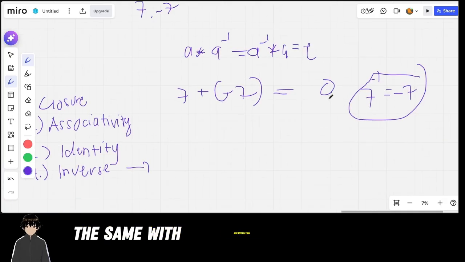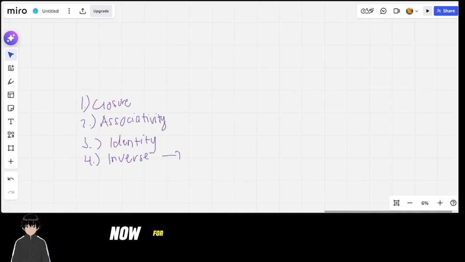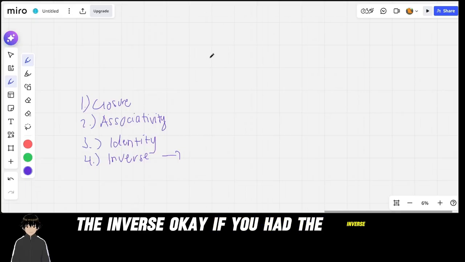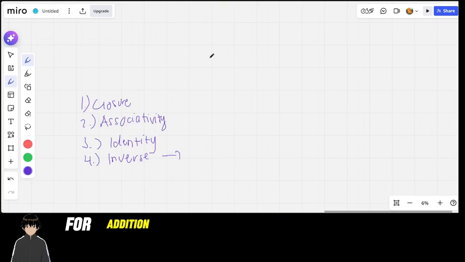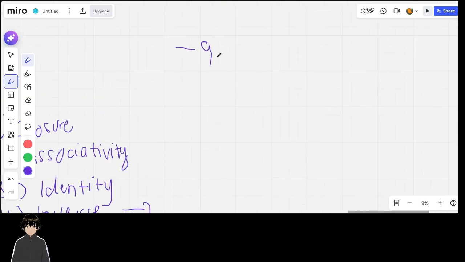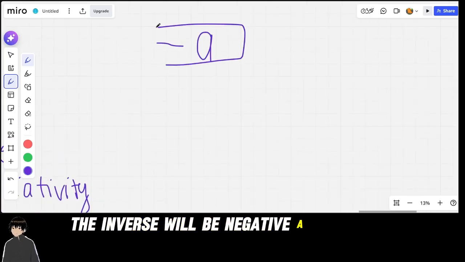Now for addition, the inverse would be negative a.